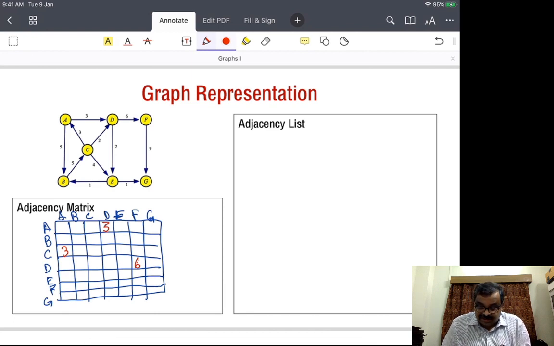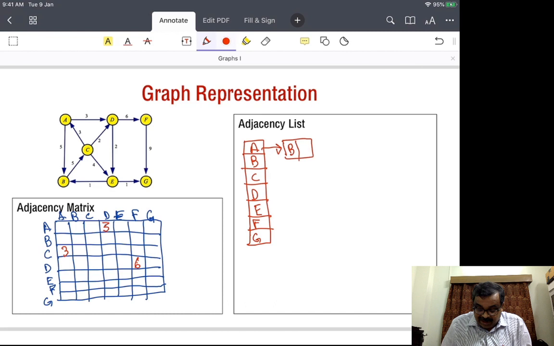Similarly here, the adjacency list would consist of labels A, B, C, D, E, F, G, and then from A you have got an edge to B, so you would have to write B, and then the value 5, which is the weight. You would have to write A to D, which is D, with the value 3, and so forth.